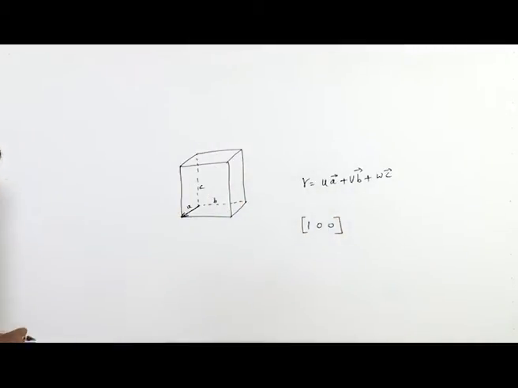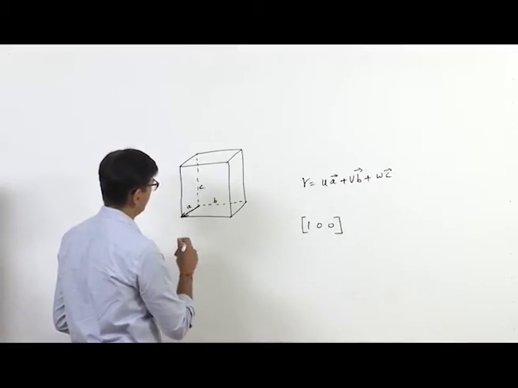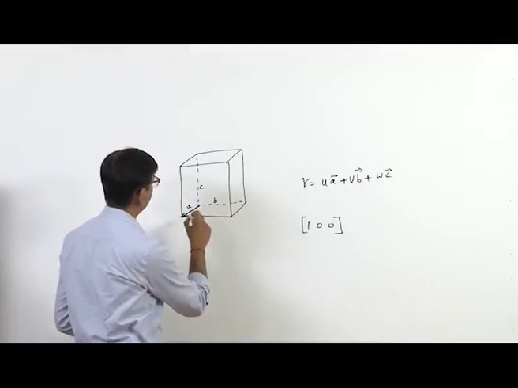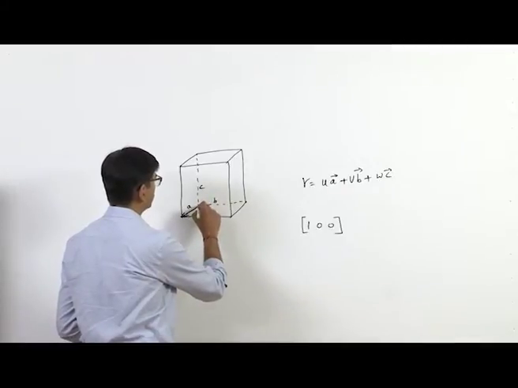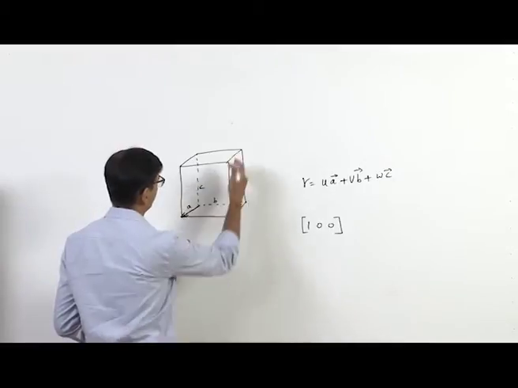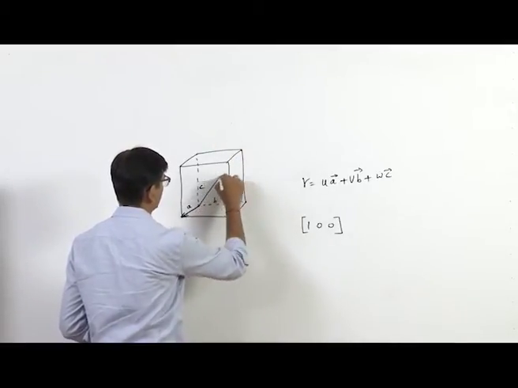Now, we will not keep on doing that again and again. Let us take another, a little bit more complicated direction. Let us say I want to find out the indexing of this direction, which is joining this particular origin with this particular point.